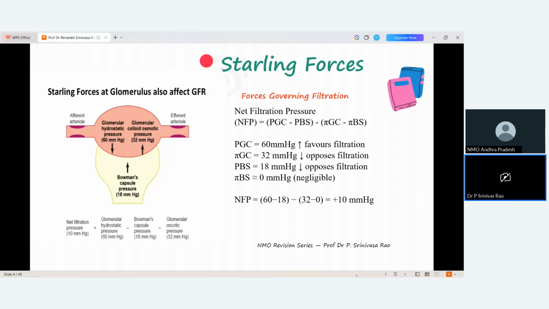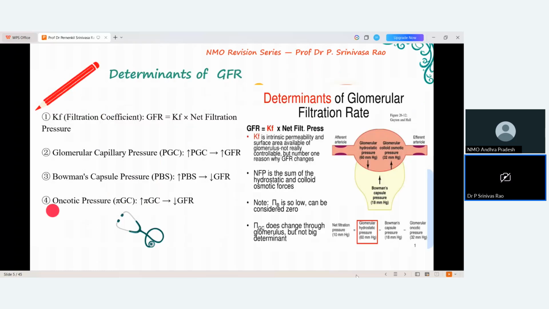Then what are the determinants of glomerular filtration rate? The first one, big K and small f, that is the filtration coefficient. Every person will be having a filtration coefficient. What is this made of? This filtration coefficient is made up of the surface area or the number of glomeruli which are taking part in filtration, then the thickness of the membrane.